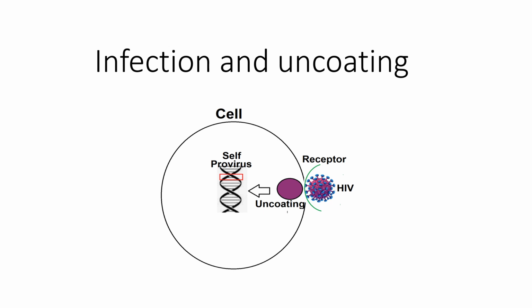The infection and uncoating of the HIV virus. The HIV virus attaches to a receptor, it's uncoated, and the genome of this HIV virus is sucked into the cell and fuses with the provirus.